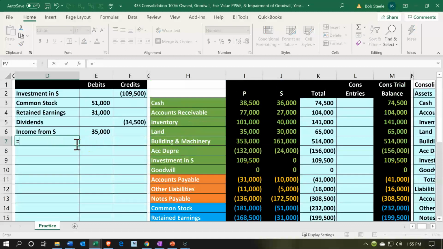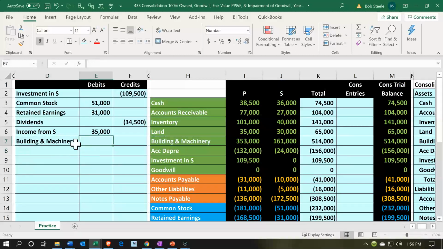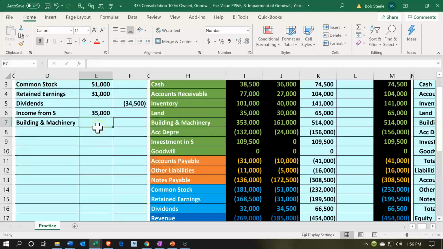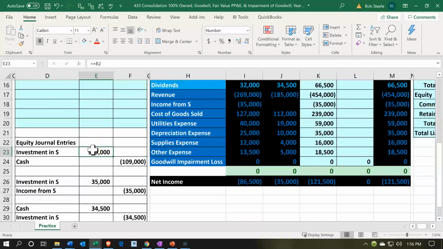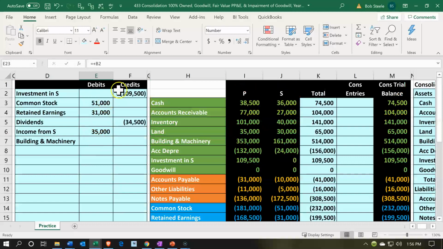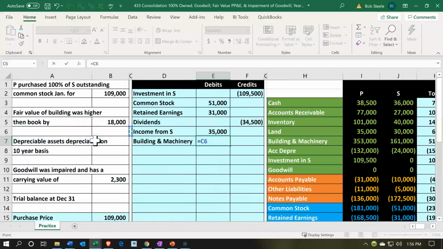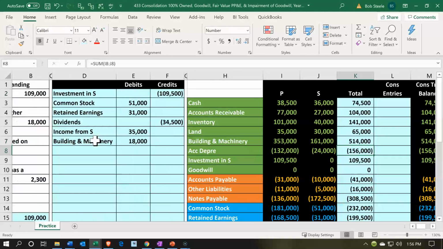This machinery and equipment, we need to increase by the 18, because that's part of this purchase price down here, which is part of this number. So this needs to go up by 18 so that we record the machinery and equipment at fair value at the point in time of purchase.